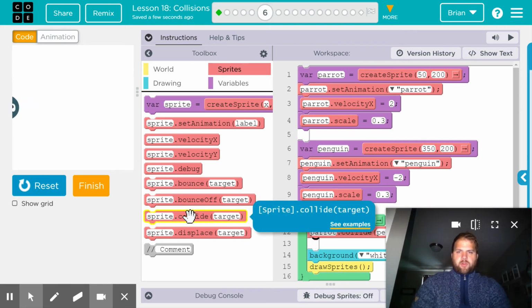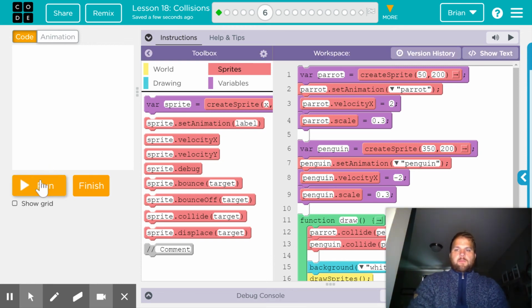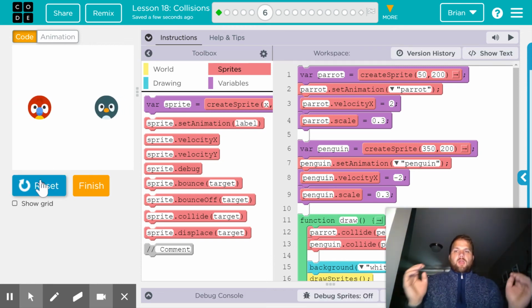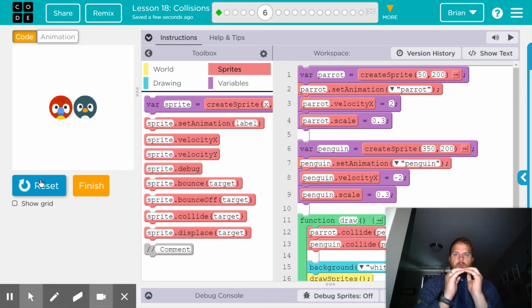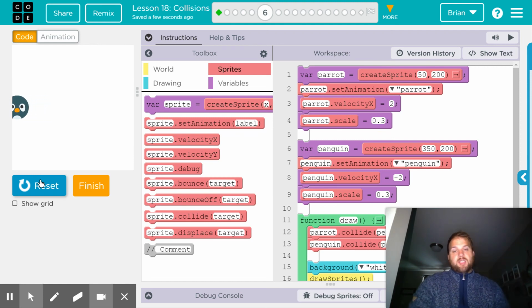If I put both of them out and I said penguin, collide, parrot, and I ran it again, now the two touch. Oh, and they keep moving. Well, usually what would happen is it will match the other ones with it, but it's the opposite of displace is really what it's working with, okay?